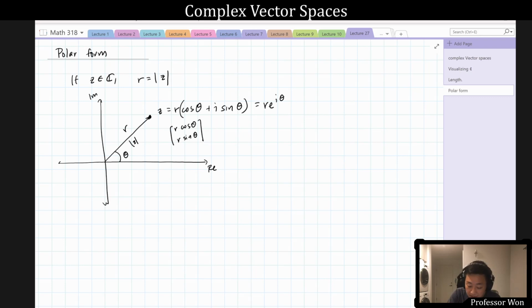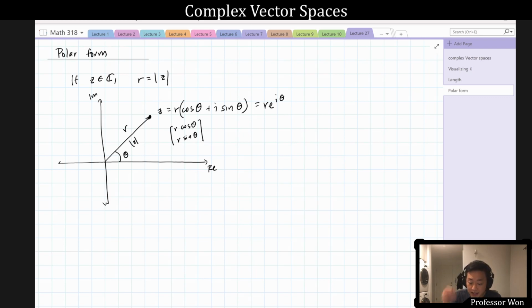And it turns out that there are some reasons why you might want to use the a plus bi form of a complex number, that is helpful for some computations or some ways of viewing the complex numbers. And there are some applications where the polar form is much more natural.